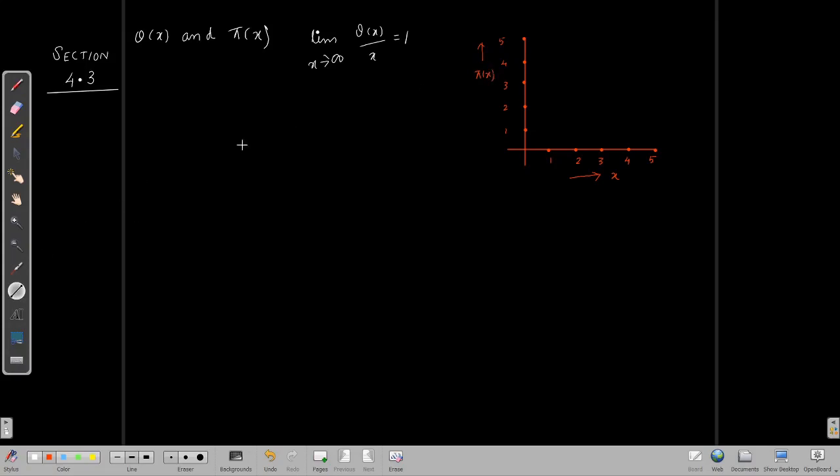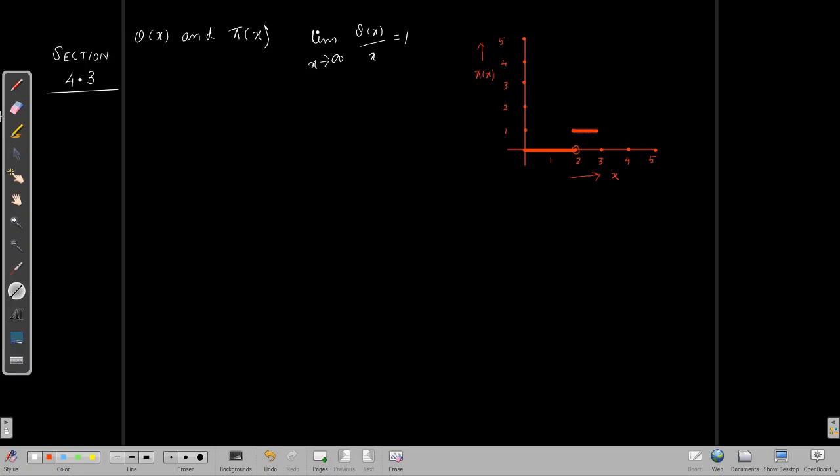So if we draw the graph of phi of x up to the prime number 2, we have 0 because there is no prime less than 2. Then at the point 2 we have 1 prime, so the value at 2 is 1, and from 2 onwards up to 3, the value is 1.